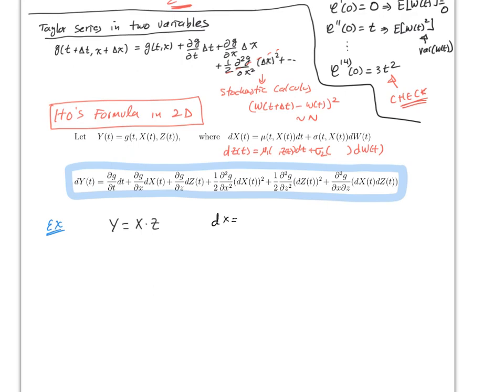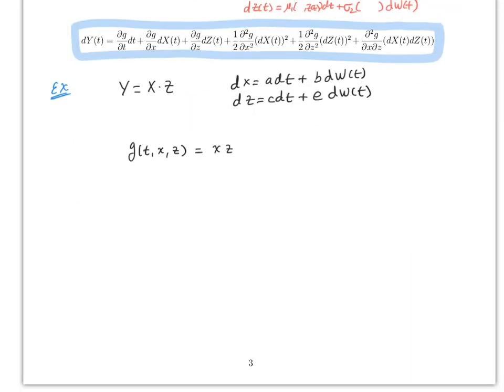So therefore the x, let's say, is equal to a dt plus b dW_t, and then let's say that the z is equal to c dt plus e dW_t also. Now here the function g of t, x and z, is just going to be equal to x times z.